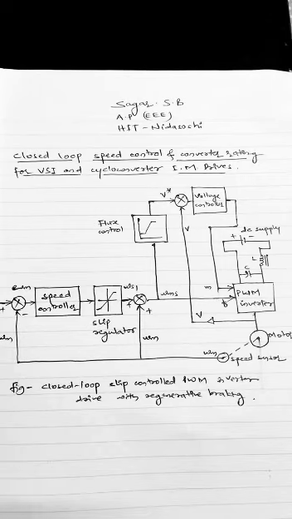It employs an inner slip speed loop with a slip limiter and an outer speed loop. As we know, for a given current value, slip speed has a fixed value. So the slip speed loop also functions as an inner current loop only.